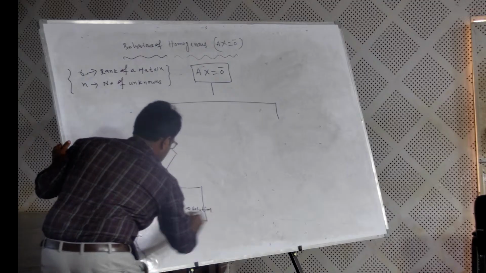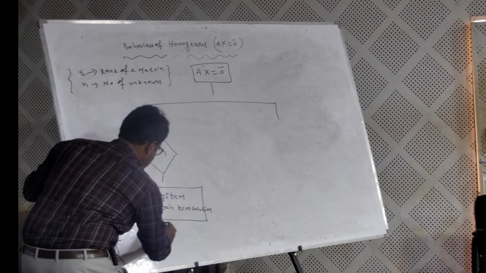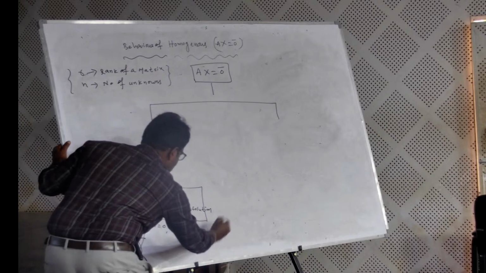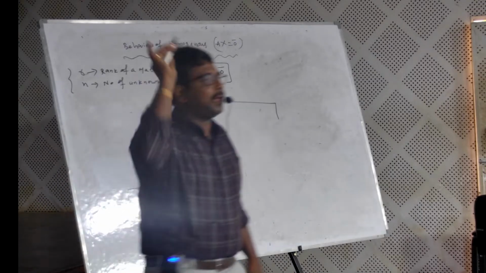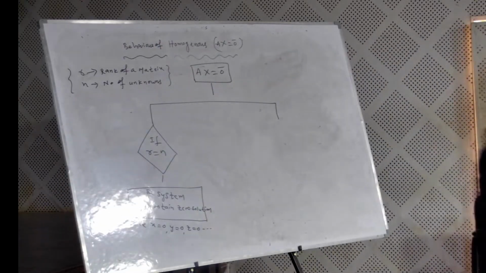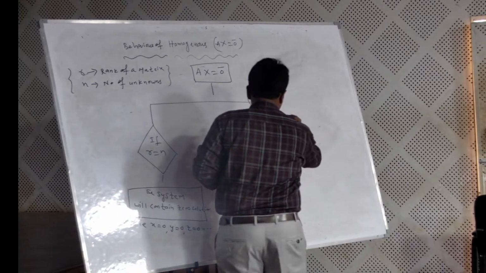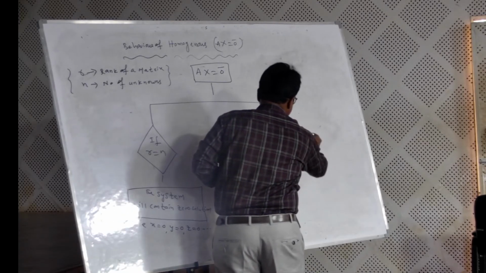Which solution? That is x equal to 0, y equal to 0, z equal to 0. That's it, only one solution. When the rank and number of unknowns are the same, the system has the zero solution. Okay, is there any other case? Yeah, certainly.